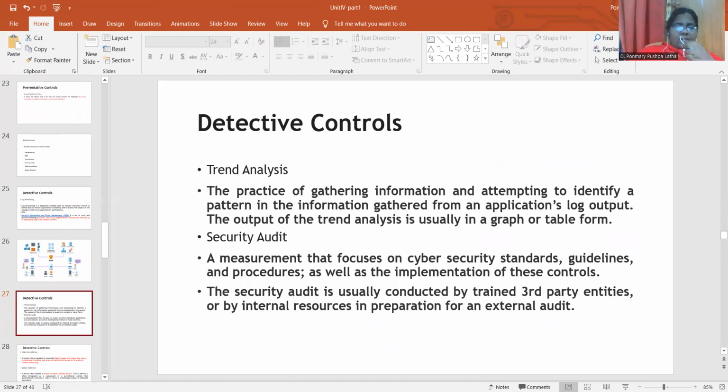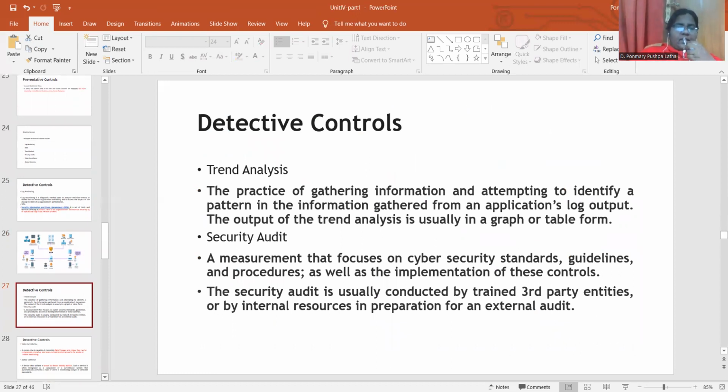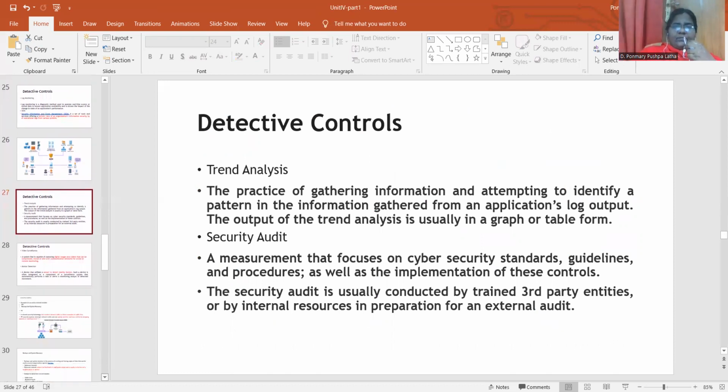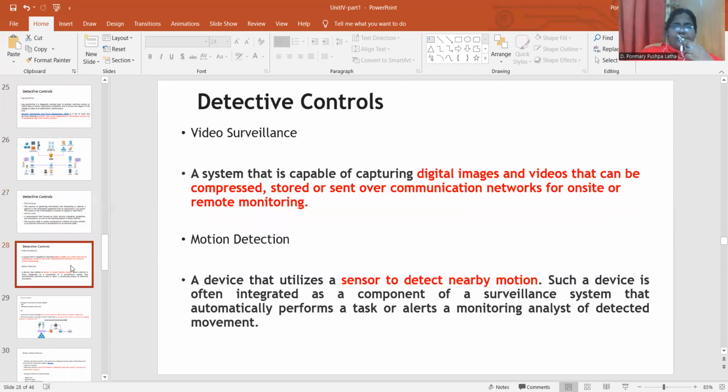Some of the other things we are going to see now. One is trend analysis: what recent pattern can you analyze? Then audit: whether everything meets the cyber security standards, guidelines, or procedures. That has to be audited.